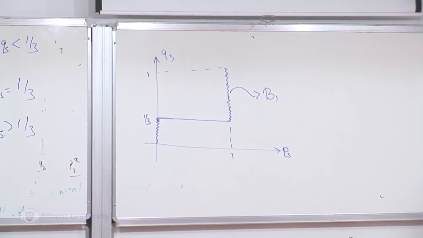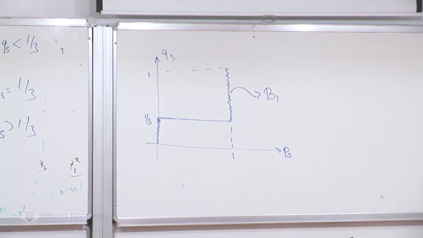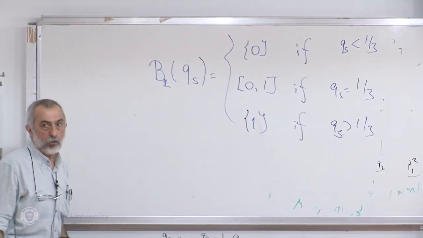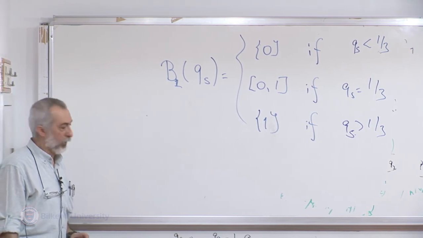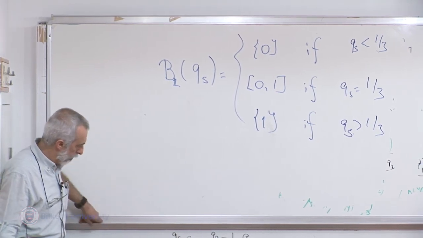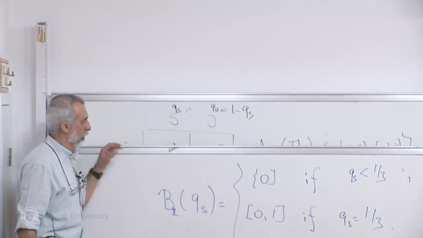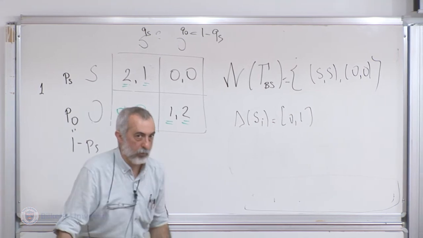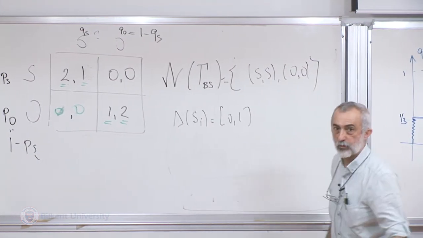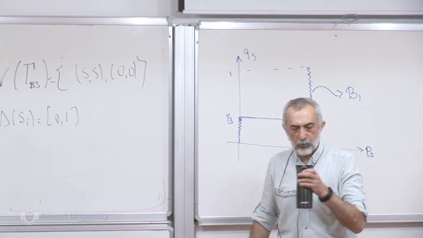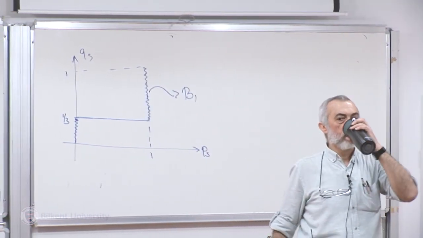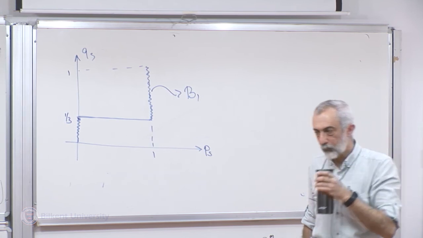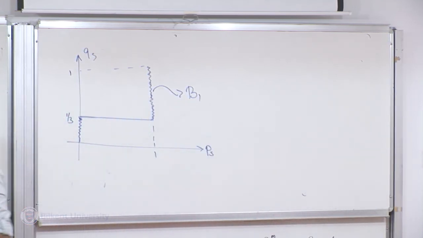So far, so good. So then we do the same thing for player 2. So it's going to be similar because the game is symmetric. What do you mean by a symmetric game? Like if PS would be less than 1 over 3.